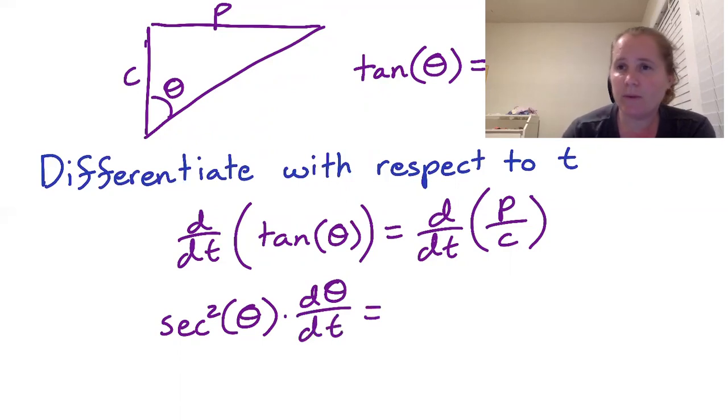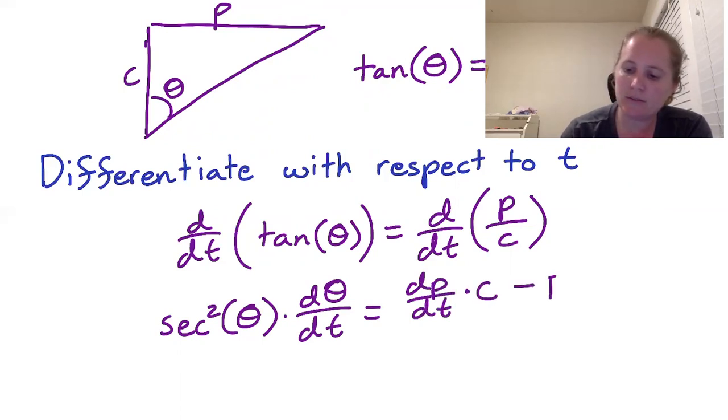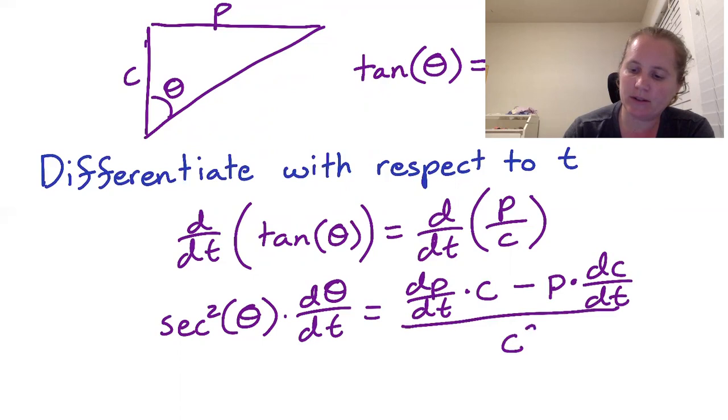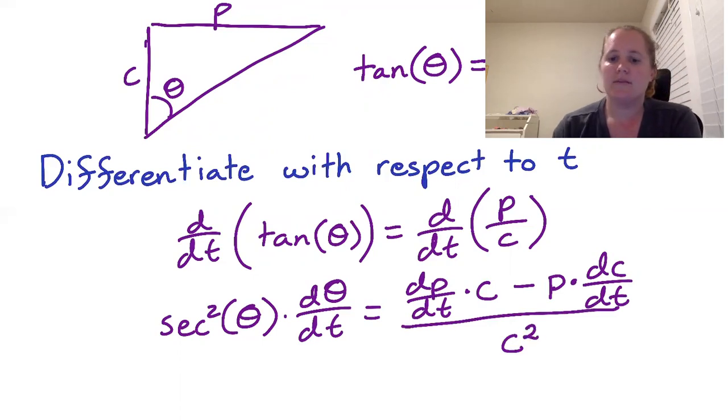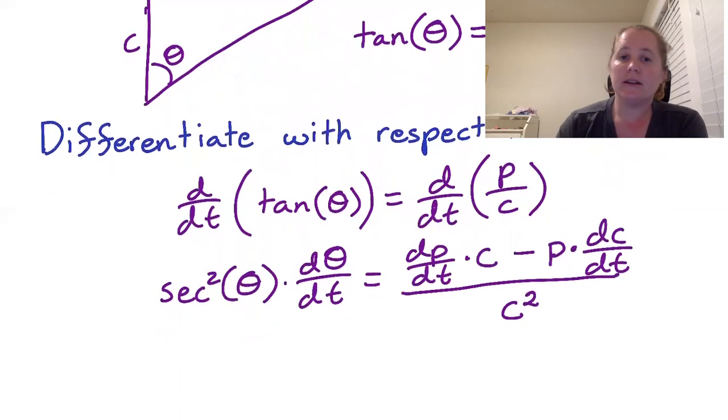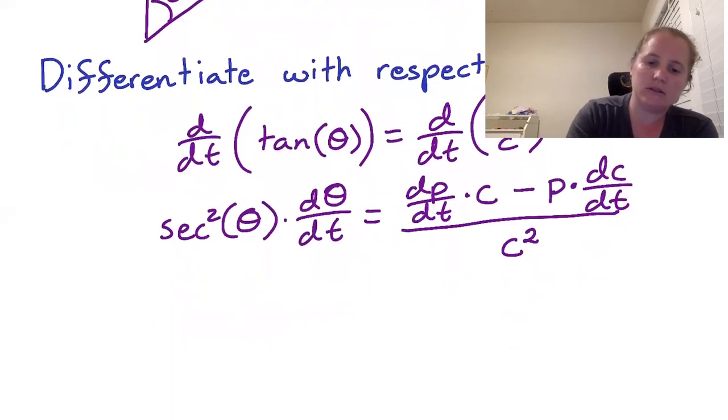Quotient rule: we would do the derivative of p with respect to t, so dp dt times c, subtract p times dc dt, and this is all going to be over c squared. From here, we need to plug in and solve.